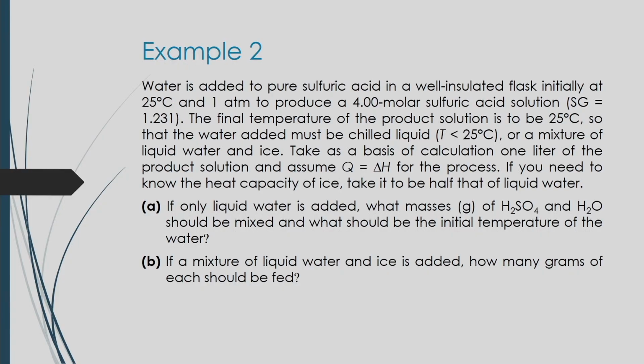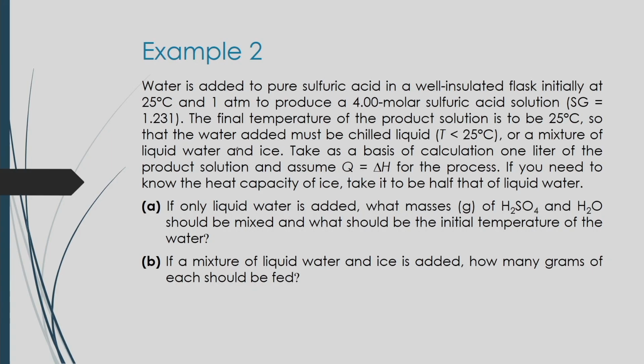Now, let us do another example for assessing the energy balance equation. Let us consider that water is added to pure sulfuric acid in a well insulated flask initially at 25 degrees Celsius and 1 atmosphere to produce a 4 molar sulfuric acid solution, where the specific gravity is given to you. The final temperature of the product solution is to be 25 degrees Celsius.